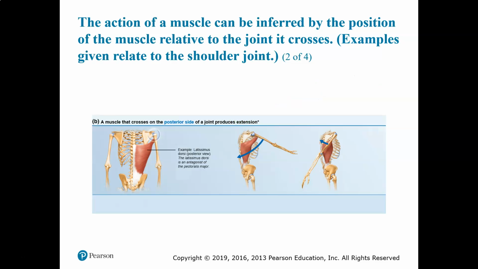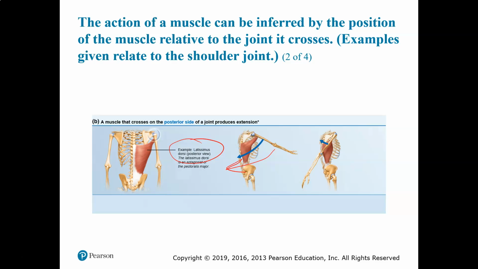And the agonist, or the primary muscle for that, is the pectoralis major. Now on the posterior side, the antagonist for the pectoralis major is the latissimus dorsi, because it is going to produce extension of the arm. So when you look at your anatomical figure, notice you're going backwards here. You're moving it to the dorsal side or the posterior side. That is going to be extension of the arm.